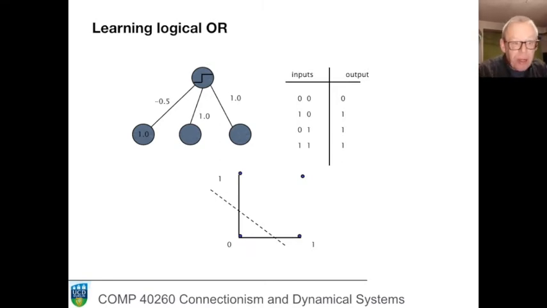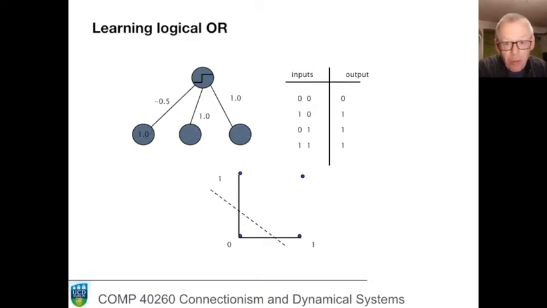Here's a similar problem using the same input patterns but with different output patterns. This is logical OR. So logical AND and logical OR play a very, very big role in any formal logical system, including the basis of arithmetic. They're rather uninspiring functions, though, it must be said. Here, the problem is slightly different in that if either of the input units is 1, then the output unit will pass its threshold and will produce a 1.